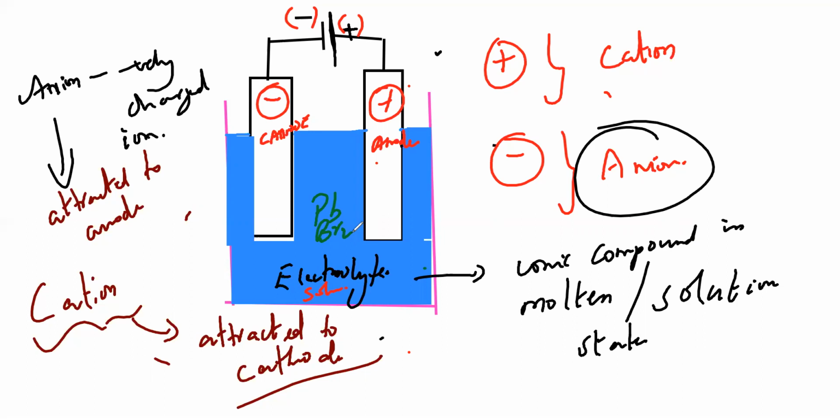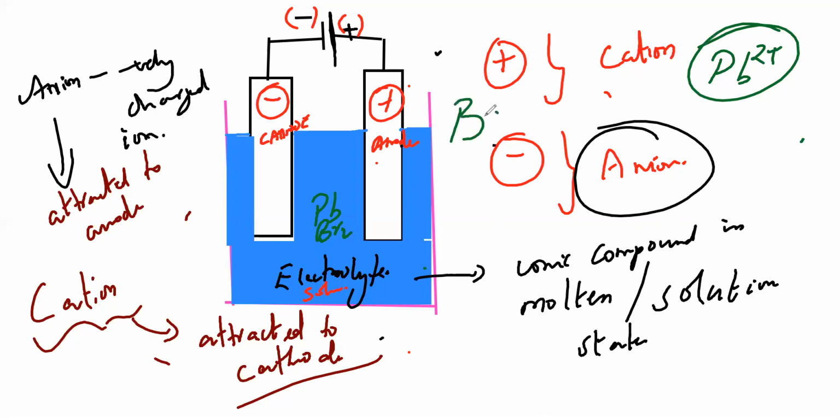Let's talk about bromine and let's talk about Pb, the lead. So Pb has got 2 plus, 2 electrons it has to lose. That's the reason it is lead bromide.